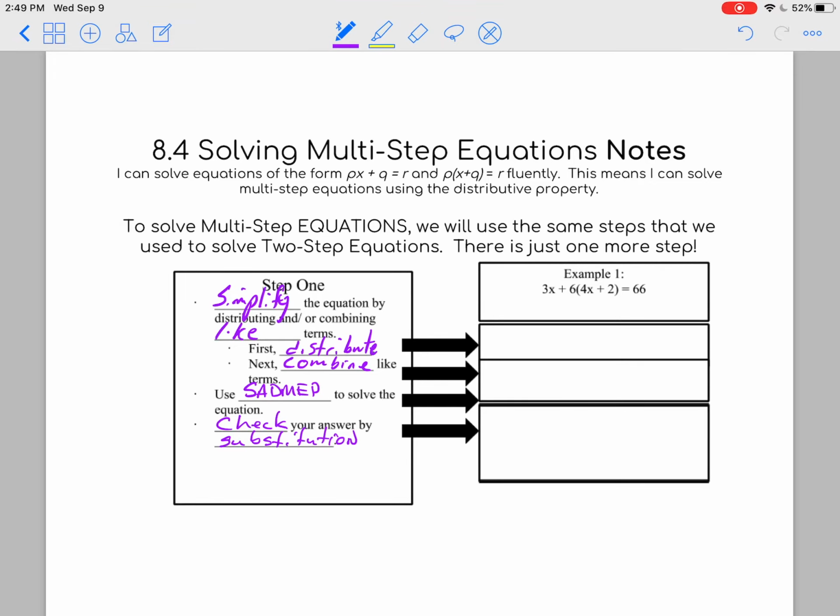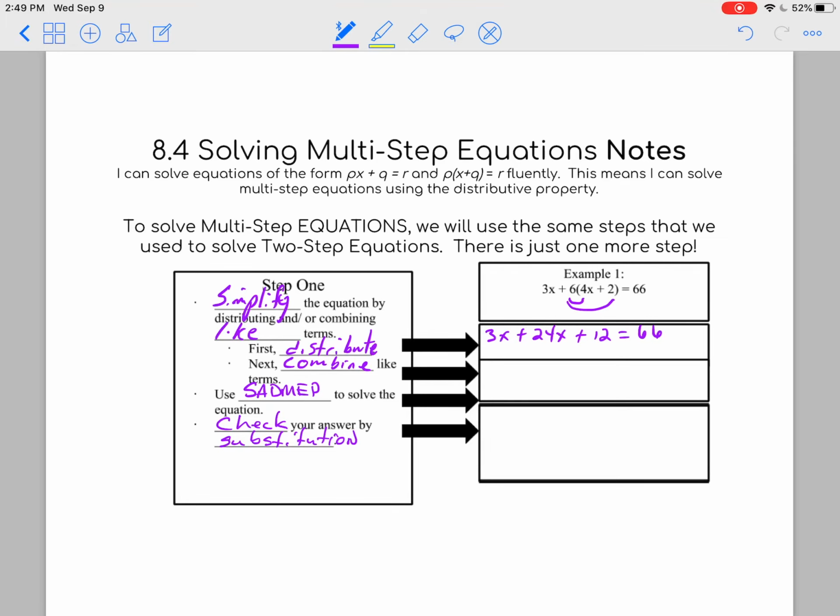Example number 1: 3x plus 6 times 4x plus 2 equals 66. First, let's simplify everything. I first need to distribute my 6 to the 4x and to the 2. So that gives me 3x plus 6 times 4x is 24x plus 6 times 2 is 12 equals 66.